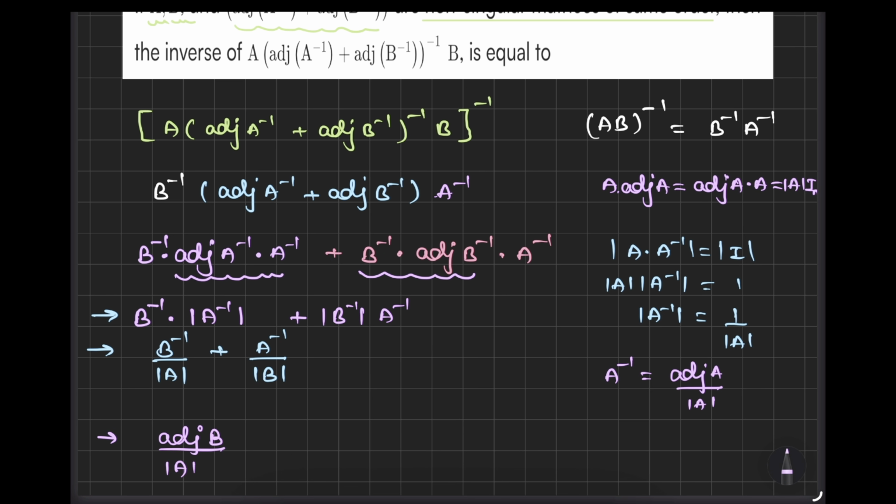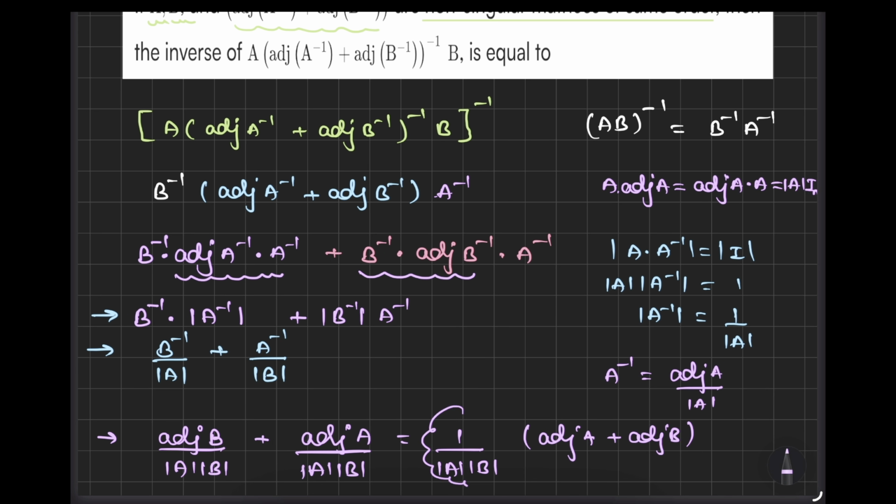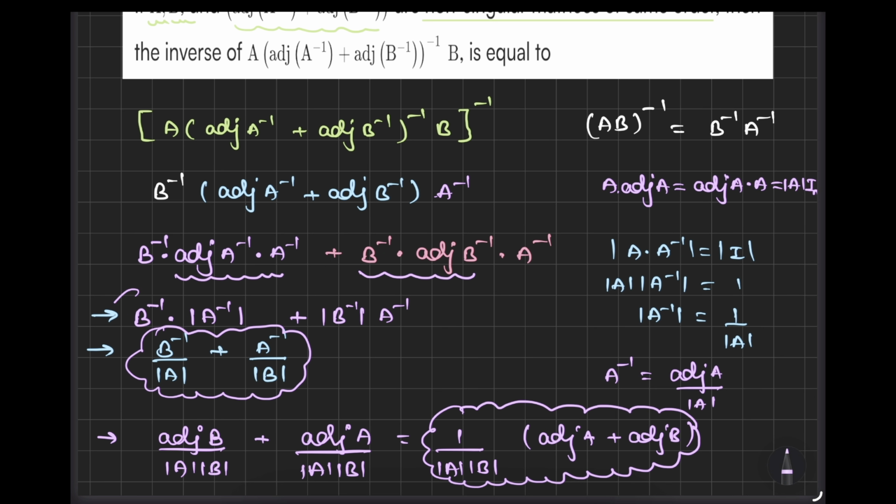So determinant of A, determinant of B, plus adjoint of A by determinant A, determinant B. So I can write things as 1 by determinant A, determinant B, and then adjoint A plus adjoint B. Now you have to verify whether this is the option or not. Either this or this or this will be in the options.